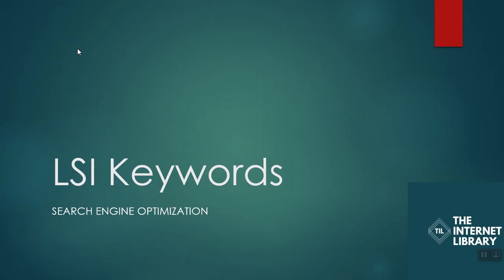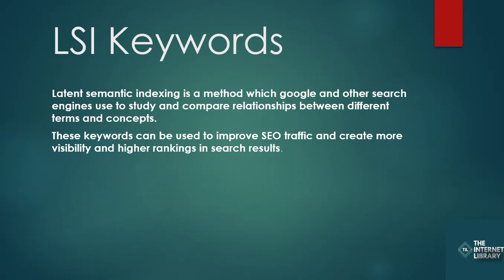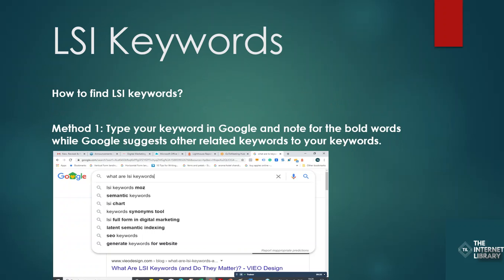Latent semantic indexing is a method which Google and other search engines use to study and compare the relationship between different terms and concepts. These keywords can be used to improve SEO traffic, create more visibility and get higher ranking in search results.